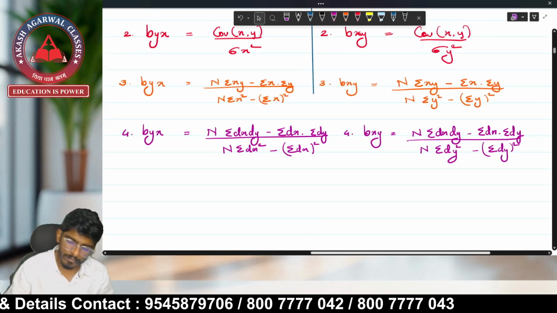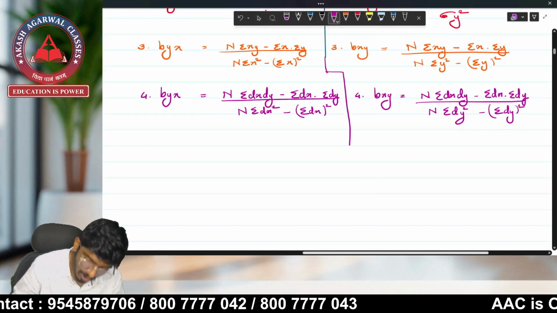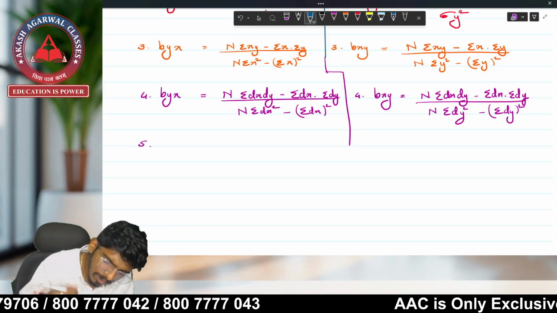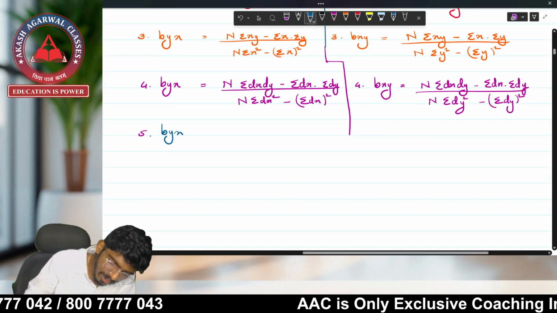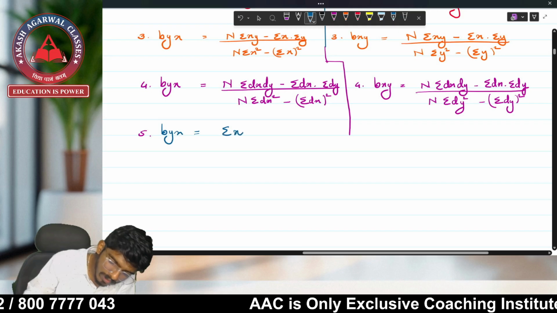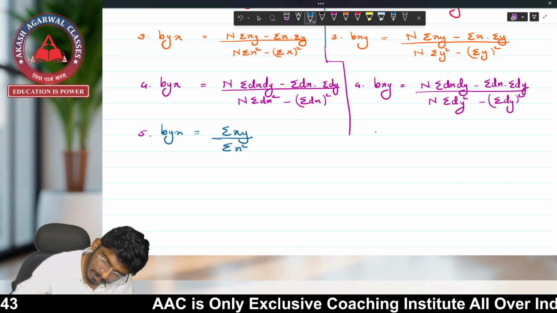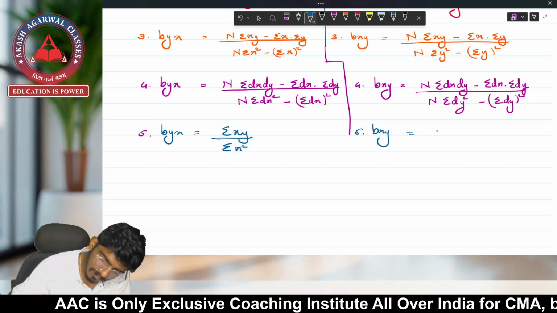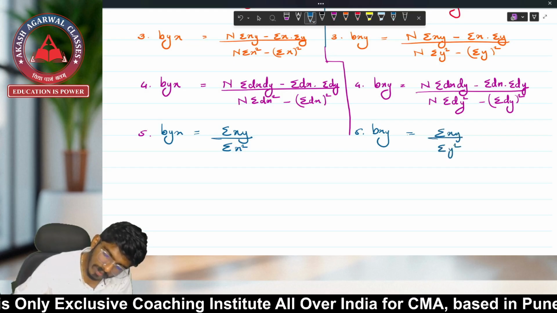And the fifth formula, it is the most rare that they are going to ask you a question. But still, if you want to write it down, I won't suggest, but okay, we'll write down the fifth formula as well. So b by x is going to be summation of yx upon summation of x the whole square. bxy is going to be summation of xy upon summation of y square.